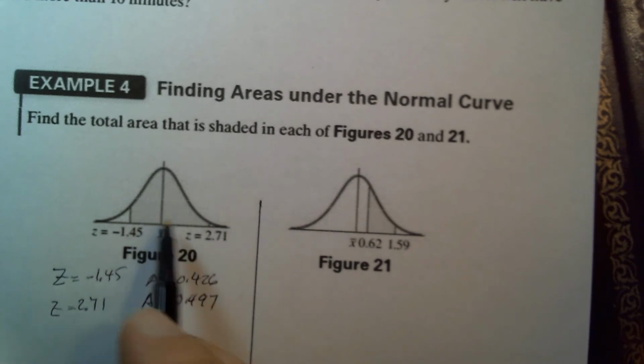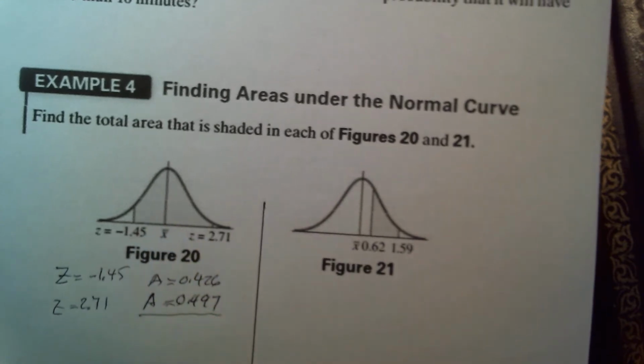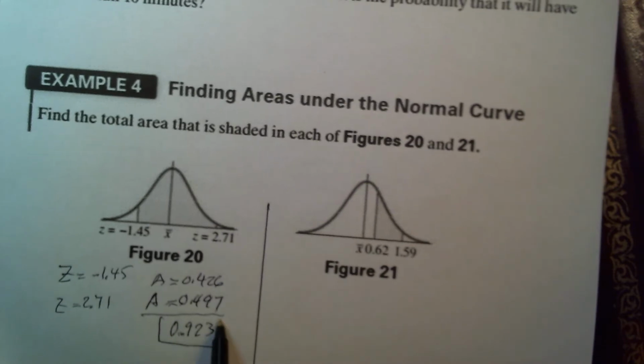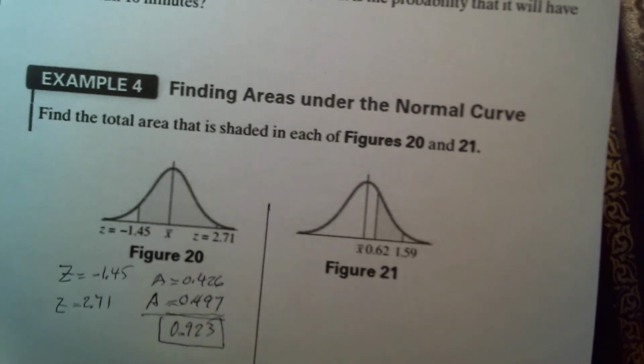We add these areas to get the total area. So the total area is equal to 0.923. So that's the total shaded area.